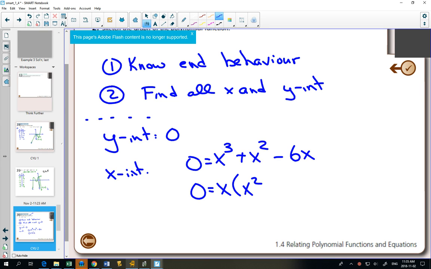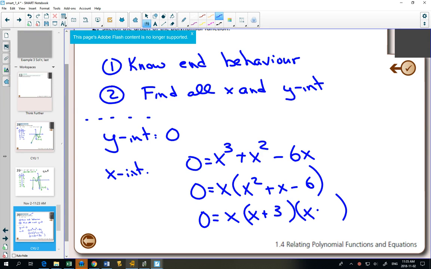And then what's left is another easy factoring one. And it will be x and x plus 3 and minus 2. So your x-intercepts are x equals 0, x equals negative 3, and x equals 2.